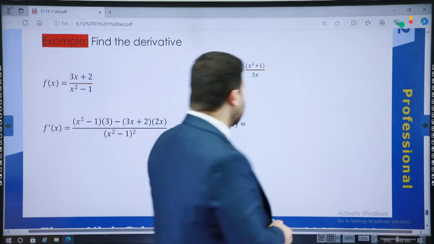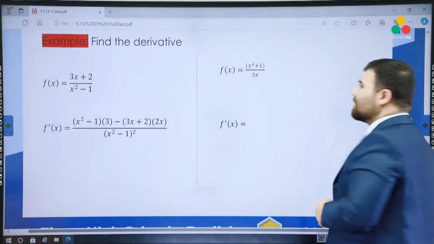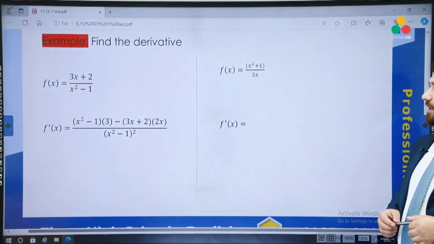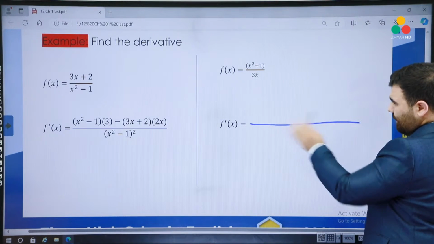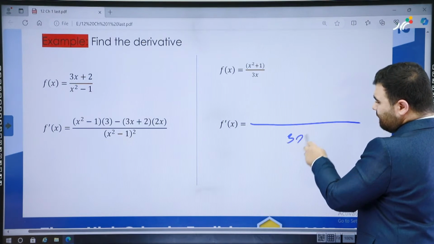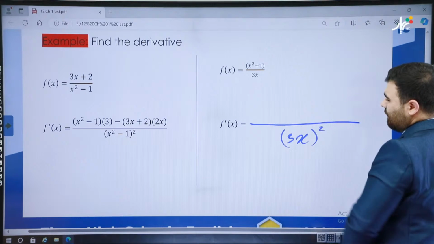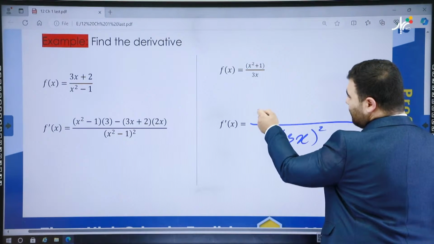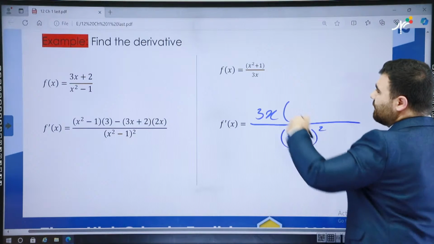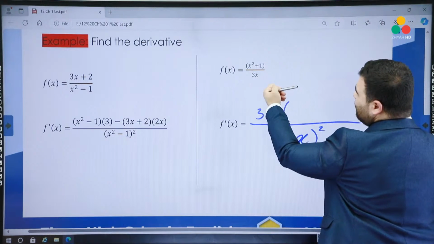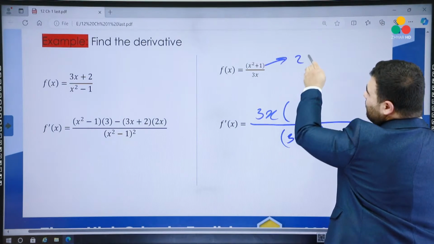Let's do this example. x squared plus 1 over 3x. All right. What do we begin with? A very big fraction. Denominator, 3x, power 2. Write the denominator again, 3x, multiplied by derivative of up, x squared plus 1. If we find the derivative of it, it will be 2x.